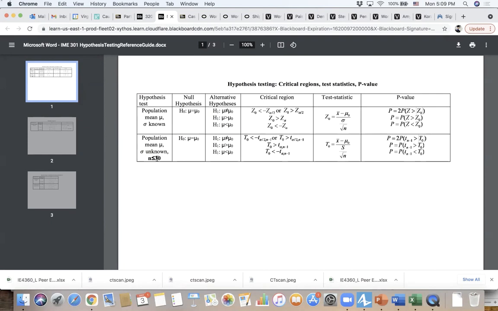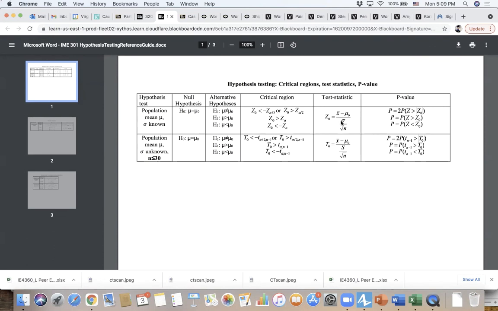If sigma is unknown, but n is greater than 30, then we pick the top formula.